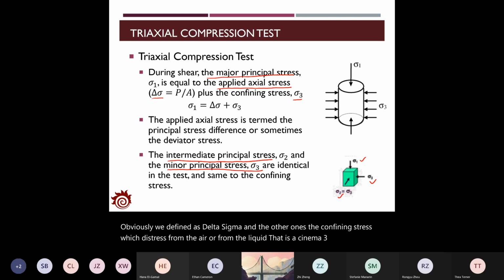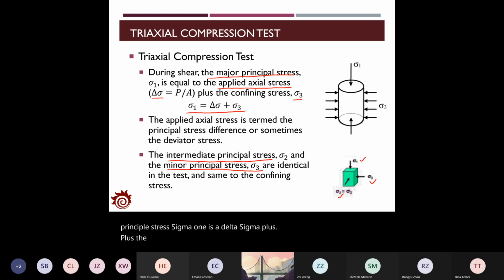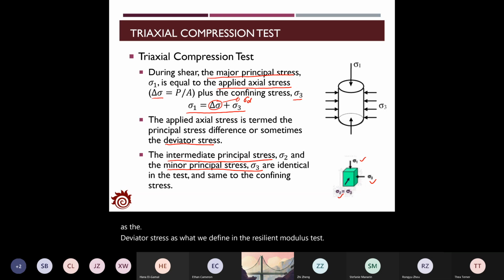So the major principal stress, sigma 1, is delta sigma plus sigma 3. And here, we can also call delta sigma the deviator stress, as we defined in the resilient modulus test.